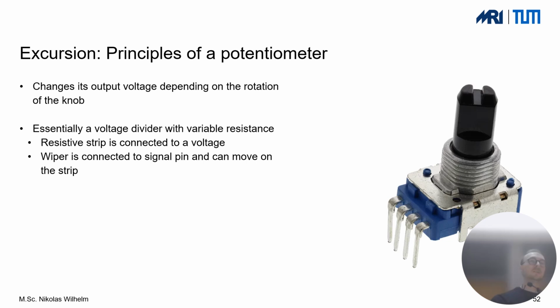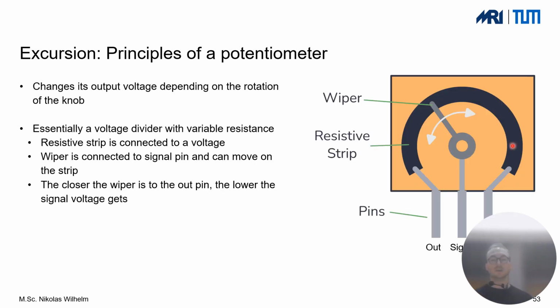On the physical stage, you have an input signal, an output signal, and a voltage in between, and you run along a resistive strip with this kind of wiper. The further you move along that strip, the more the respective resistance increases. That is just an example of how the resistance changes.